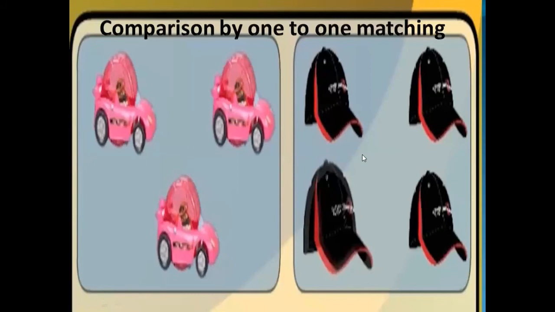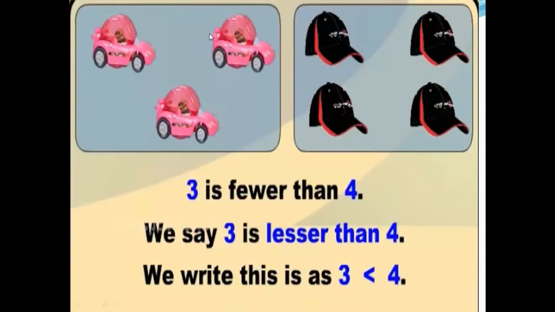We are left with one cab. 3 represents the number of cars, and 3 is fewer than 4. 4 represents the number of cabs. So we say 3 is lesser than 4, or 3 is less than 4. We can write this as 3 less than 4. This is the symbol of less than.